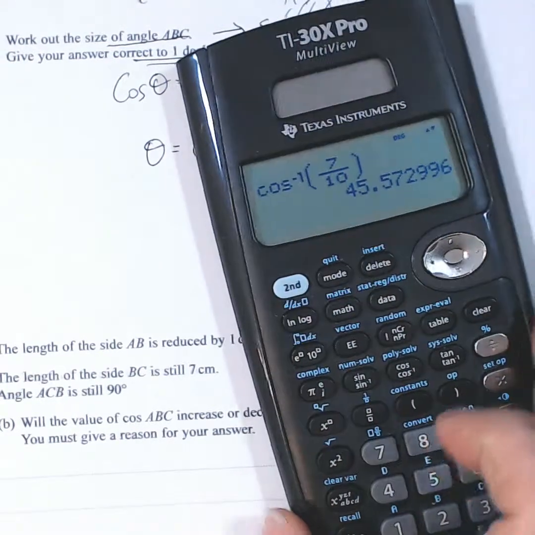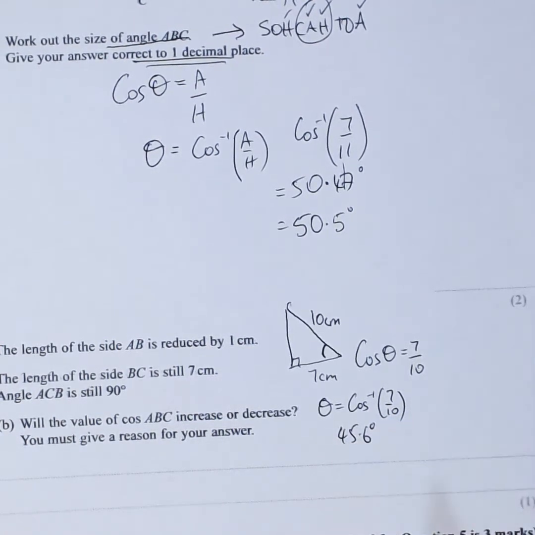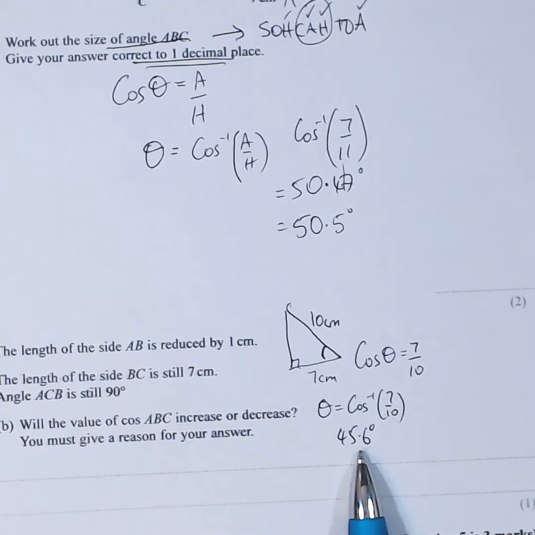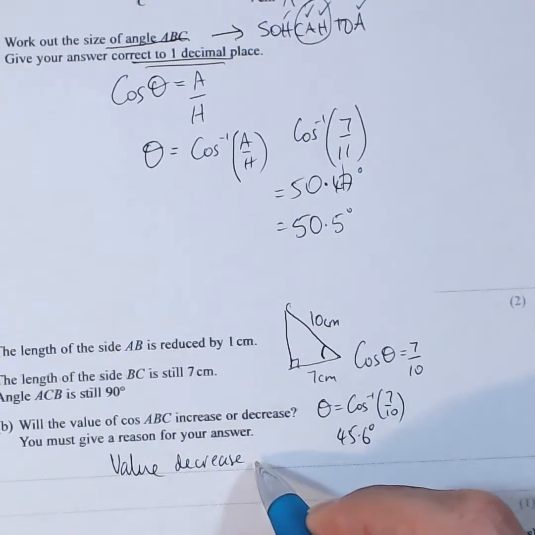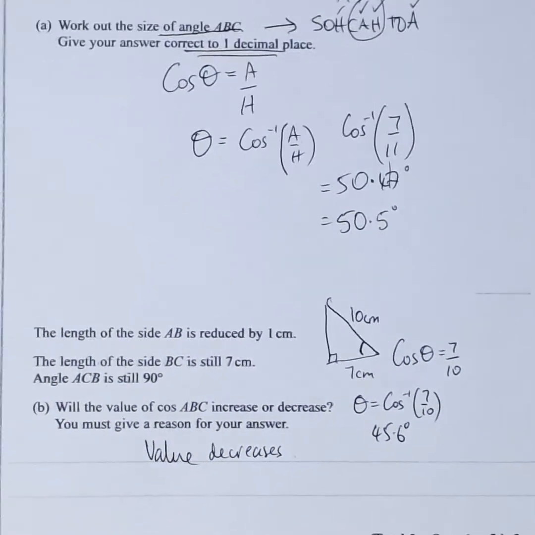So 45.6 degrees. And that would then say, well, I've calculated again and I've found out that the answer is less, so the value will decrease. So the value decreases, and it says give a reason. Well, there's your reason.